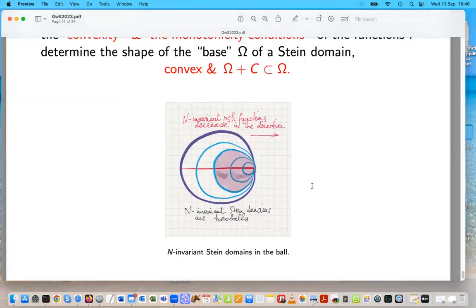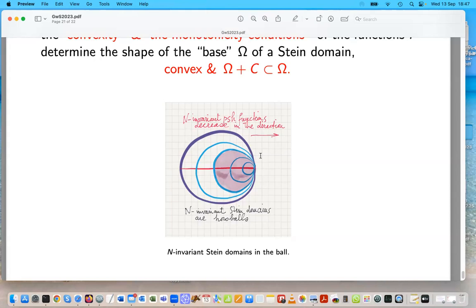And maybe I wanted to show what happens in the case of the ball. In the case of the ball, the A orbit of the reference point was this red line, and the orbits were the horoballs or cycles. Here in rank 1, the orbits are of codimension 1. So the Stein domains have to sit either on one side or on the other.